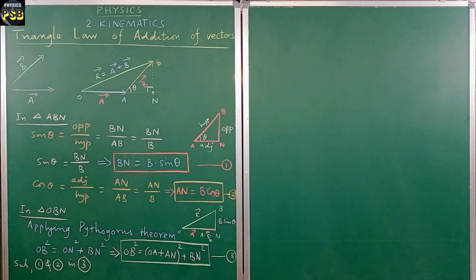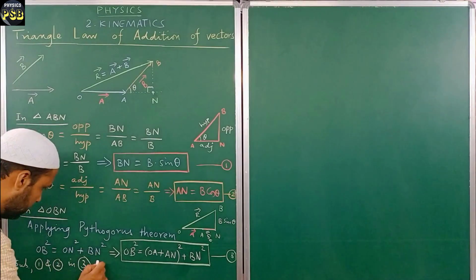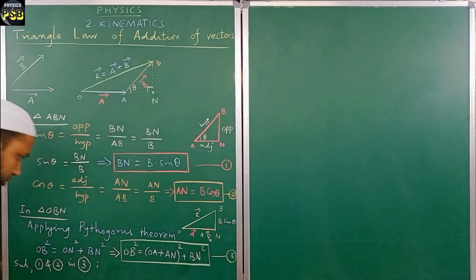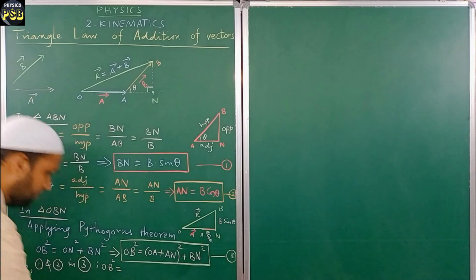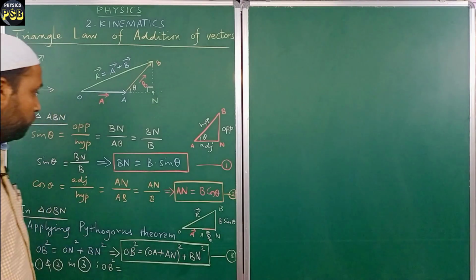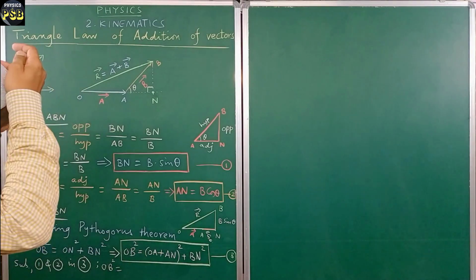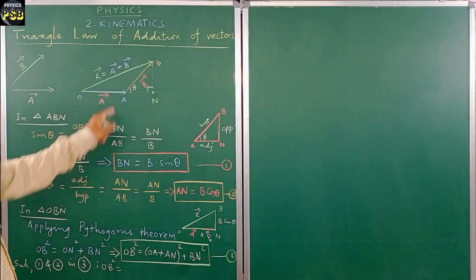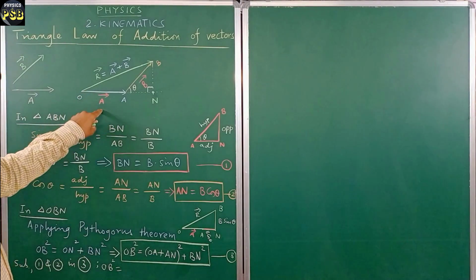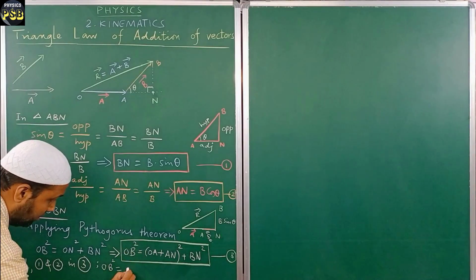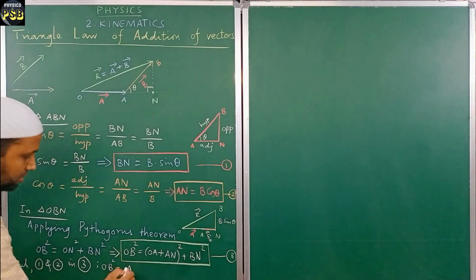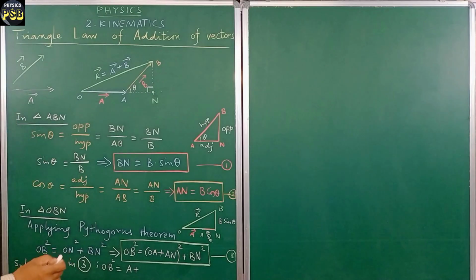What happens if I do so? Let's find out. If I substitute, OB square equals OA, what is the value of OA? OA is nothing but A. Plus, what is AN?